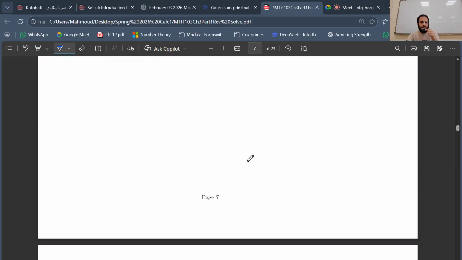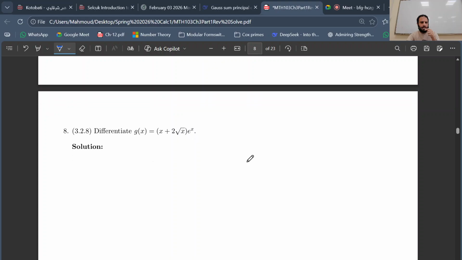Now question 8. This again by the product rule, right?